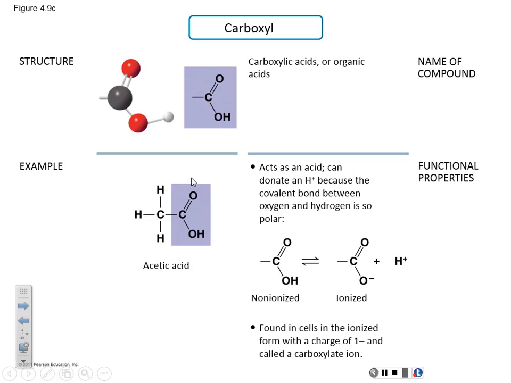And so if a hydroxyl group makes a molecule water soluble, and if a carbonyl group makes a molecule water soluble, what do you suppose happens when you have both of them on the same spot? Now this is going to be even more so. It's going to be at least additive and maybe even multiplicative in terms of the effect that it has on the chemical behavior of these molecules.